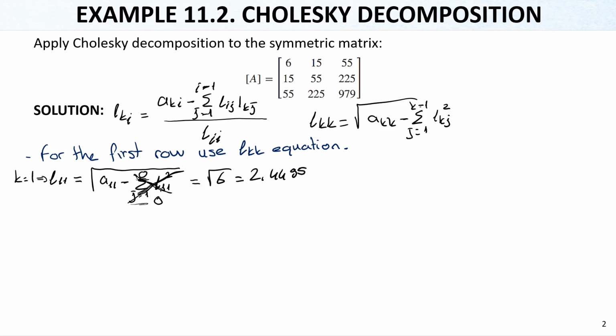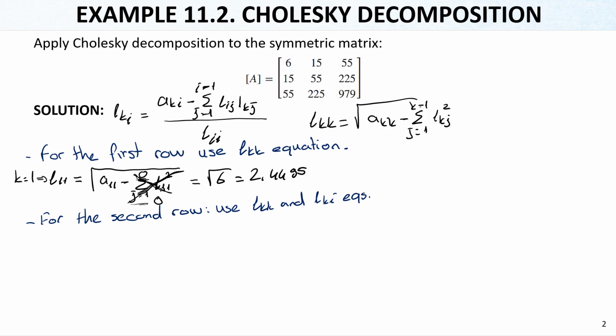But in the second one, we will have two terms in the second row. So in the second row, we will use also the other equation as well. But let's start with Lkk for that too. For the second row, use Lkk and Lki equations.